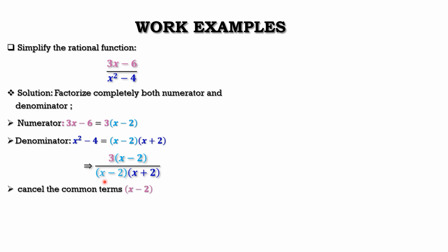The x minus 2 is the common factor in the numerator and the denominator. So we cancel the common terms and are left with 3 divided by x plus 2. This is how this rational function has been simplified.